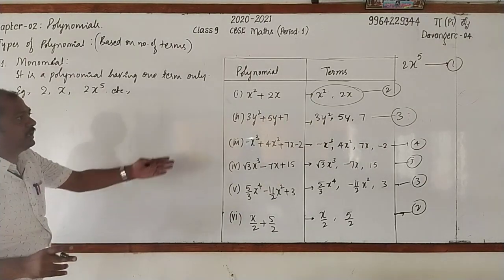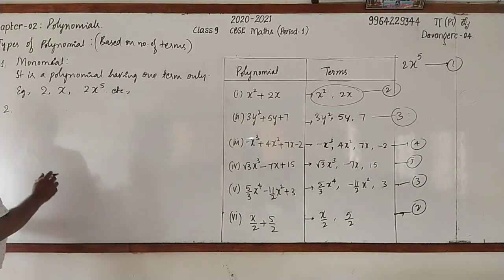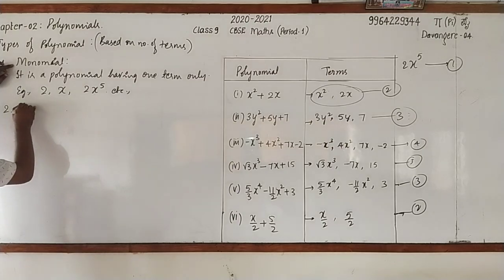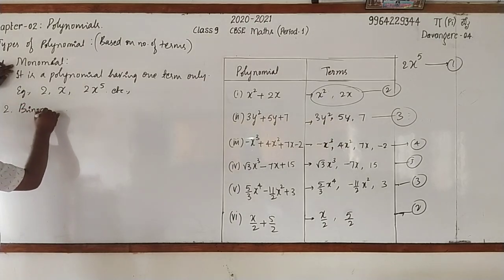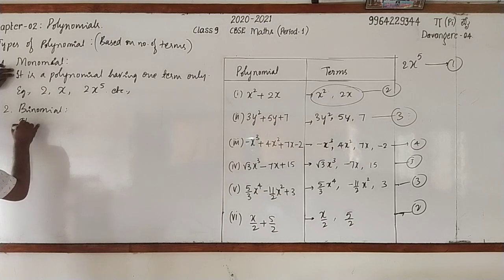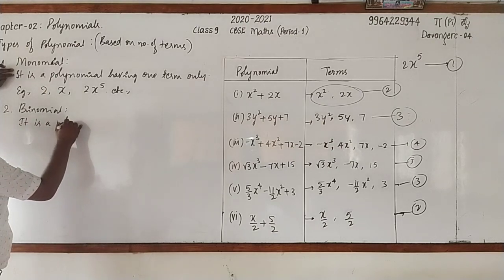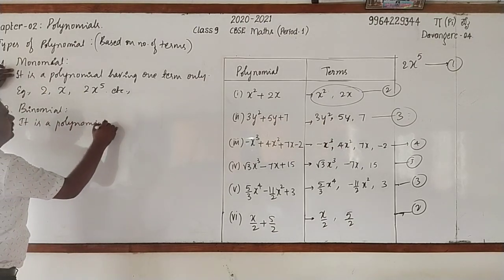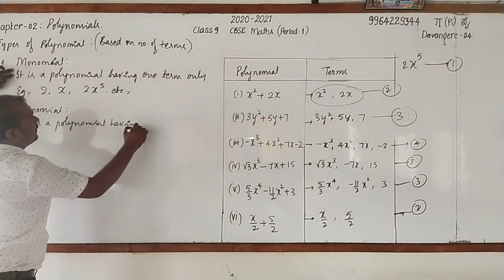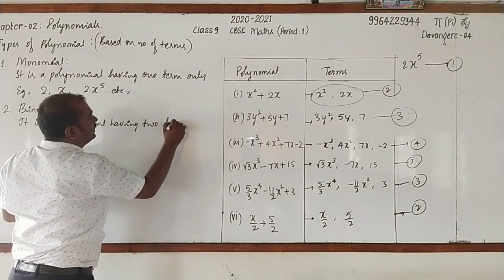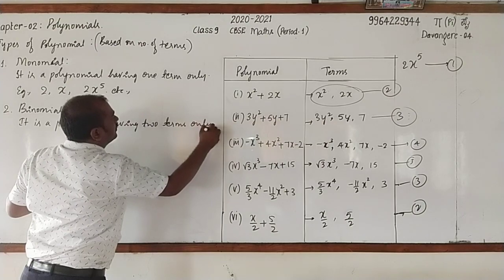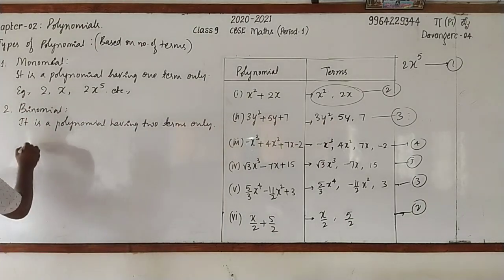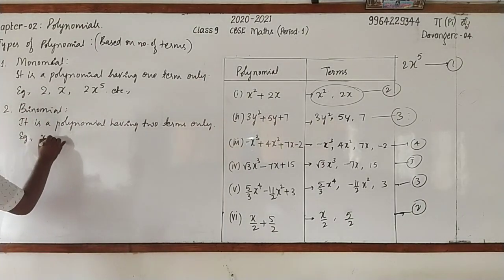Next, second one. A polynomial having 2 terms. It is called binomial. Here I'll write. It is a polynomial having 2 terms only. And example for that, x plus 2.